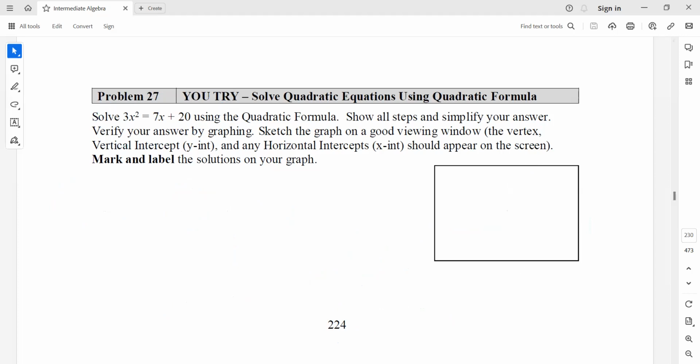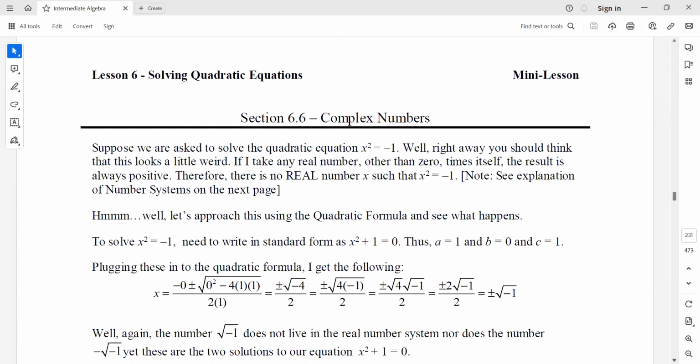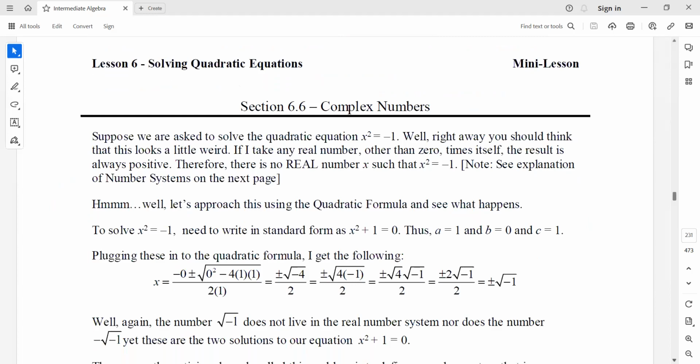Now I'm going to move on to the last section, which is complex numbers. Remember how in lesson 5 we said that sometimes when you are finding your x-intercepts, you go to the calculator and see that the graph does not cross the x-axis?